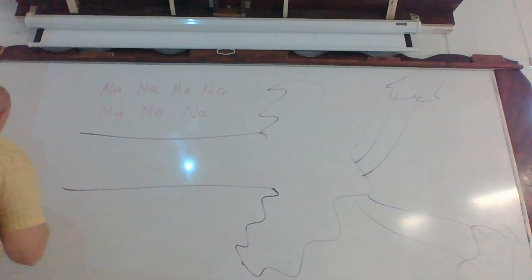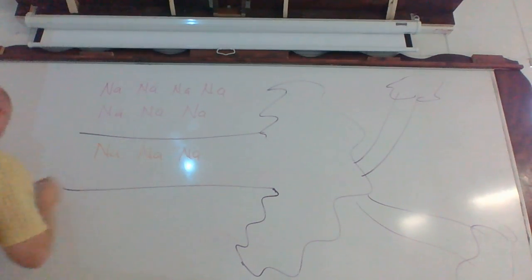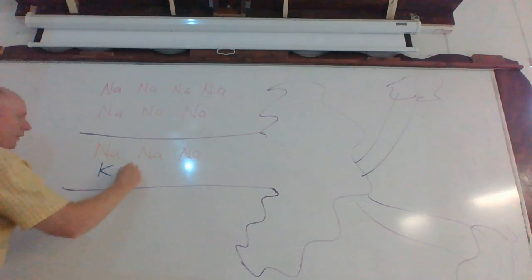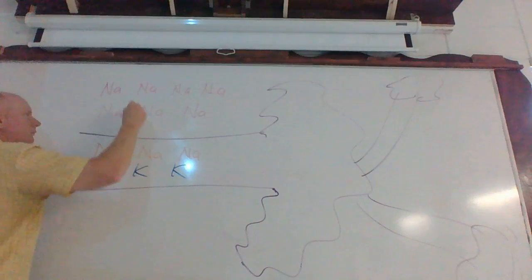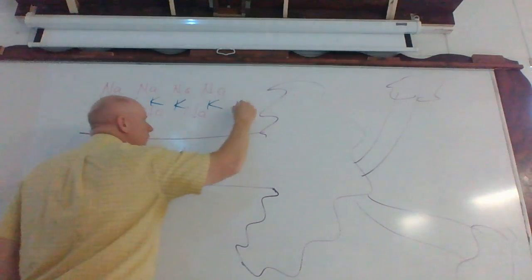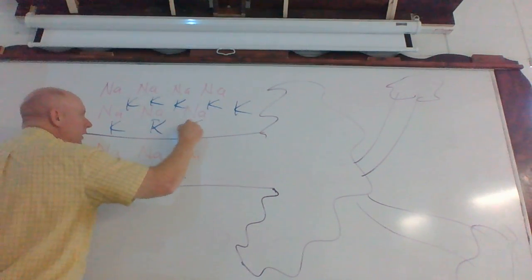Then on the inside, I suppose we should have some sodium in here too, but we also have some of this in here as well. It's supposed to be a K.